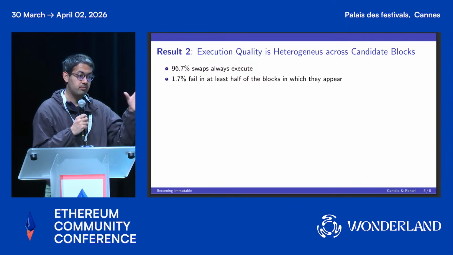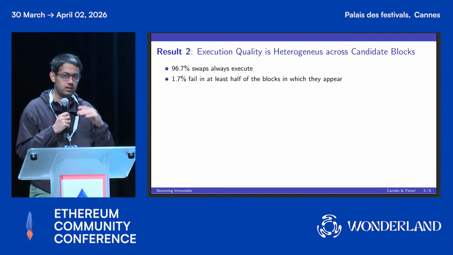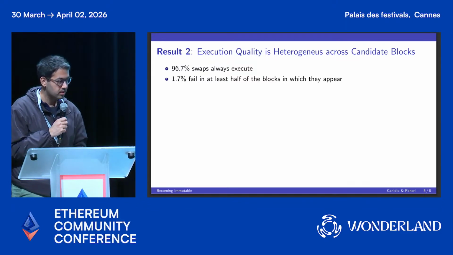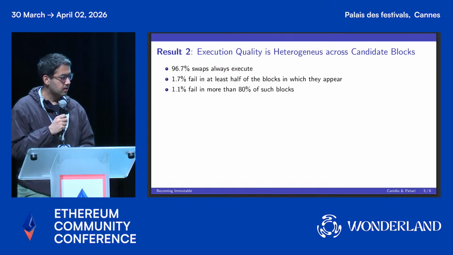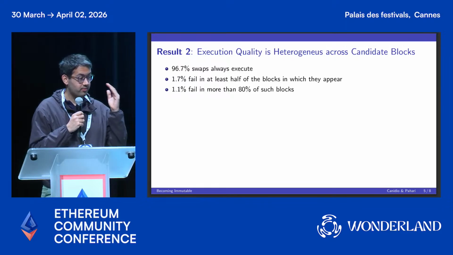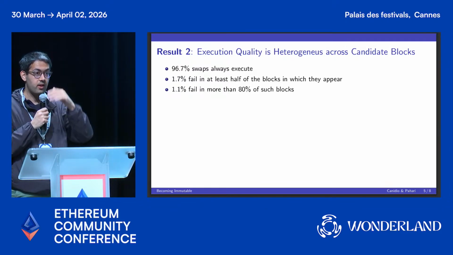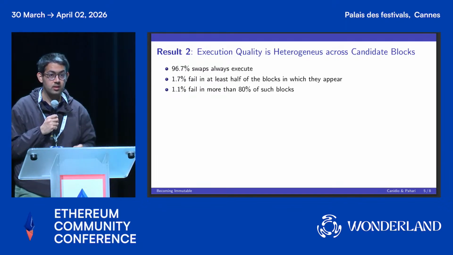So for half of them, the swap executes. For the other half, it doesn't execute. Maybe it's slippage, maybe it's something else. The second part is that 1.1% actually fail in 80% of such blocks. So most of their executions are in fact failures.